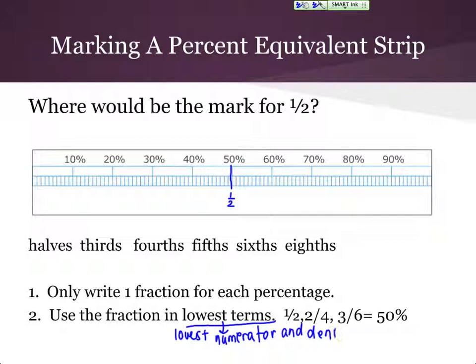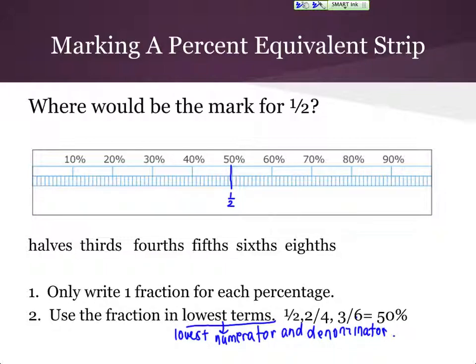So out of all of these fractions up here, which one is the lowest terms of all of these fractions? 1/2, 2/4, or 3/6? Noah? 1/2. Notice that 1 is lower than 2, which is lower than 3. And notice that 2 is the lowest of all of these. So you're finding the fraction that is in lowest terms.